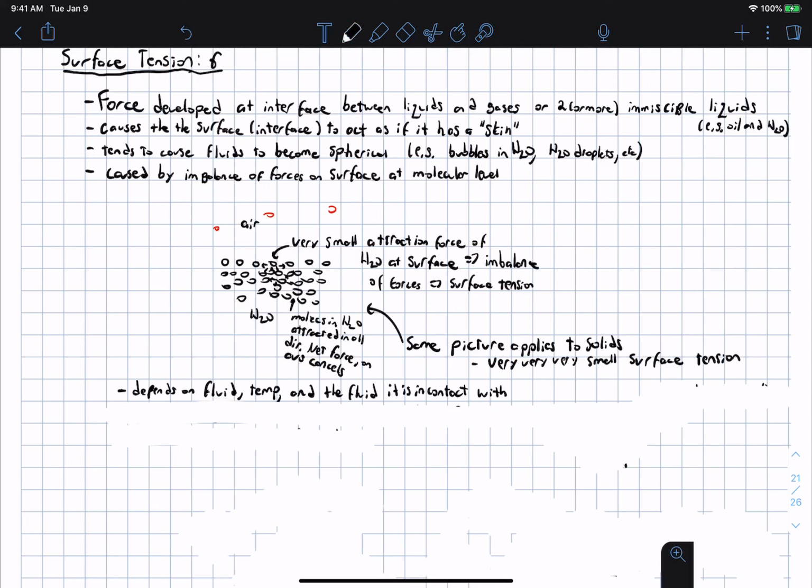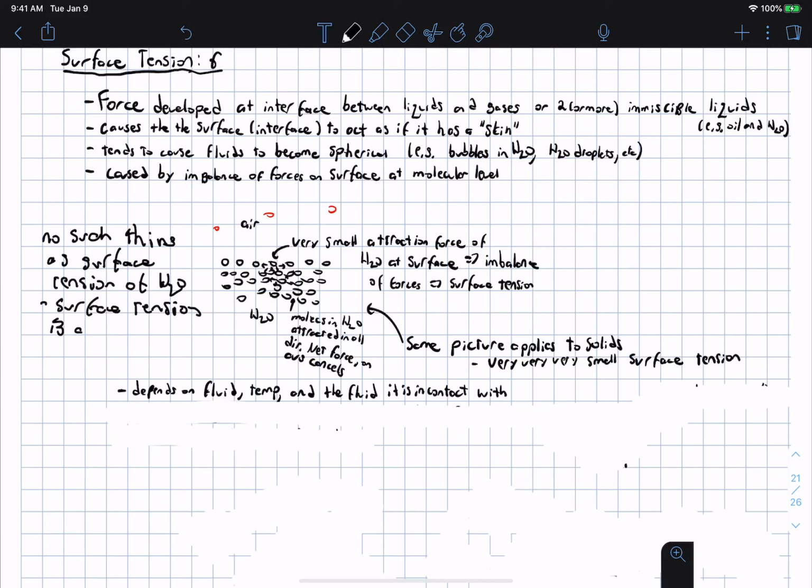Surface tension is a function of the interface.